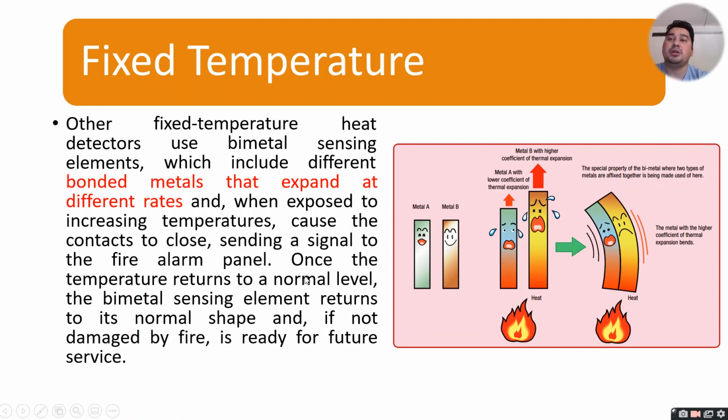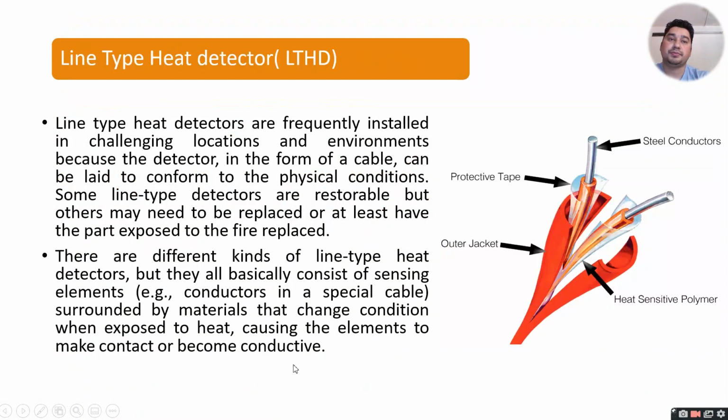Whenever the heat goes, they will cool down and come back to their normal shape. If they do not come back to the normal shape, they can't be used in the future. If they come back to the normal shape after the fire, if they are not damaged, they can be used. If they are still bent and damaged, they can't be used for future use.